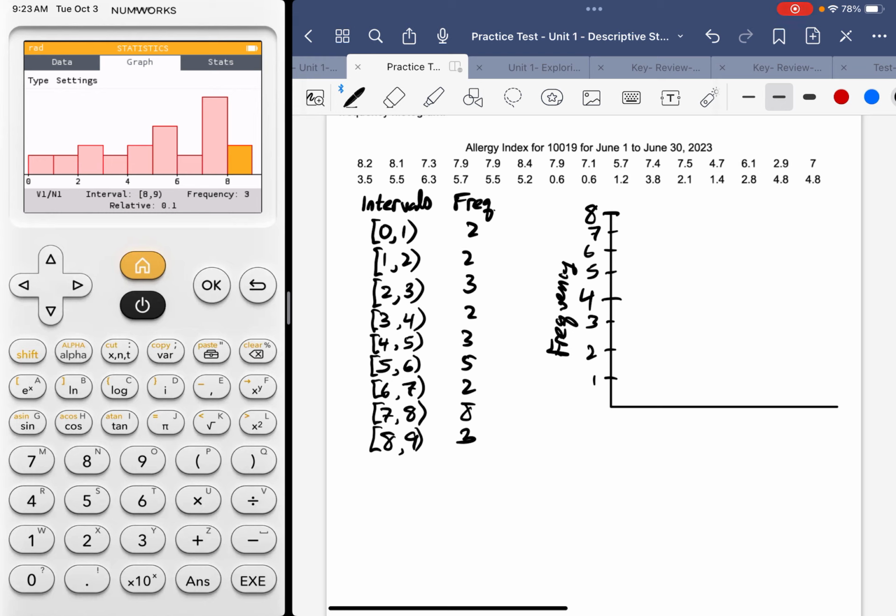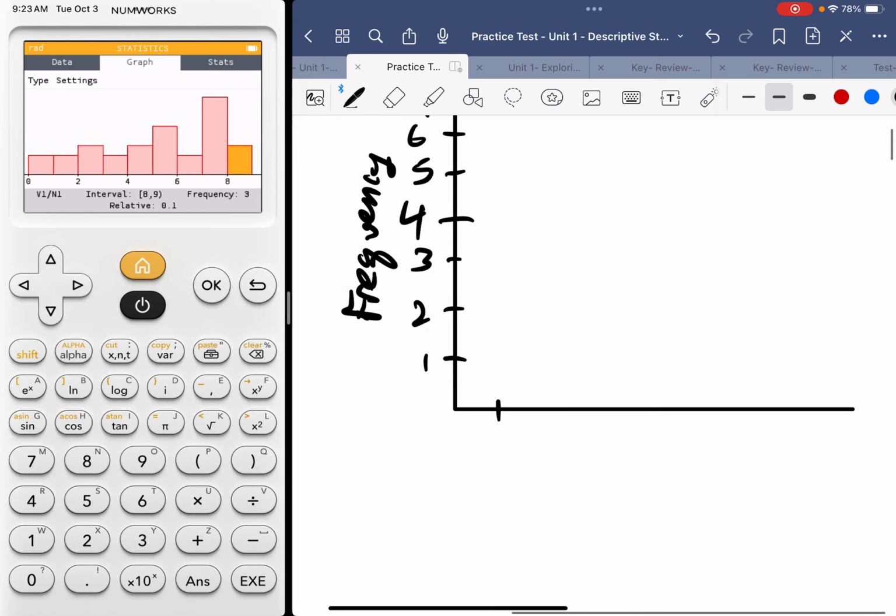The intervals, since I clearly indicated them here, I could just use the benchmarks now. So I need to go out to 9. It's not the nicest number, so I'll just ballpark it. 1, 2, 3, 4, 5, 6, 7, 8, and let me actually bring it in a little bit closer.